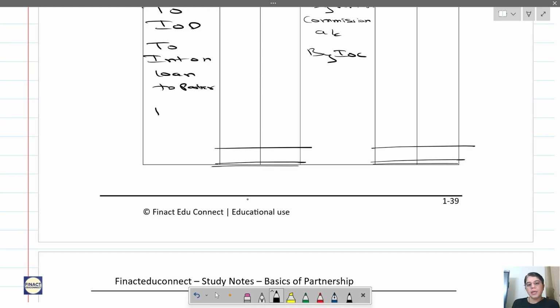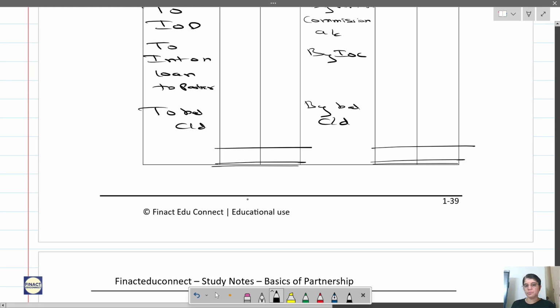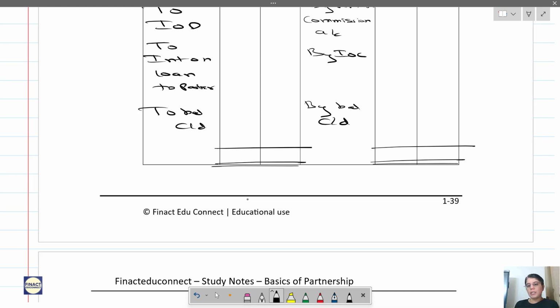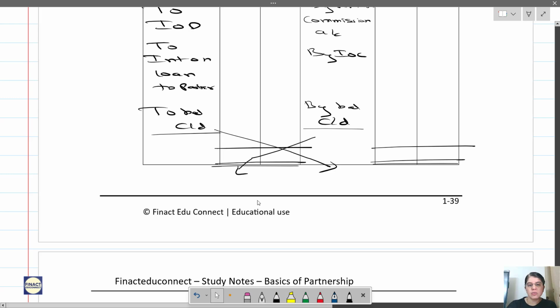Then here will be to balance carried down, by balance carried down. Now if it is an opening credit balance, it will come over here, correct? Closing balance will come over here. Otherwise, if it is an opening debit balance, then closing balance will come over here, correct? This will go over here, this will go over here. So this is a format. Just write down this format.